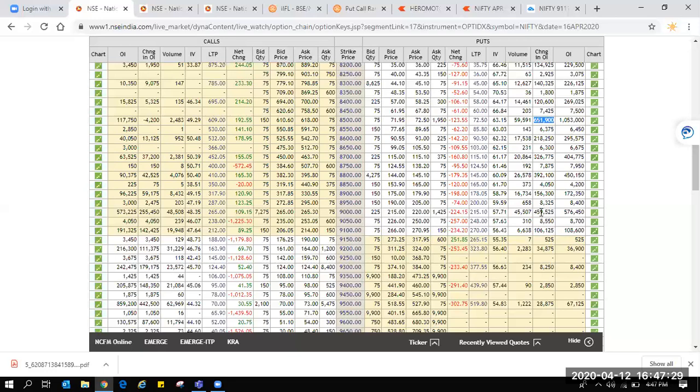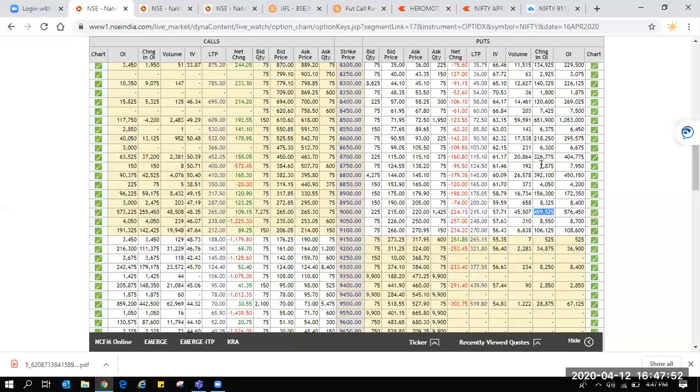Now the next support, again from the OI, is 5,76,450. Again, the change in OI is 4,59,000. So strong put buildup, heavy put writing has been done at 9K levels. So that means people are not expecting 9K levels to breach easily.